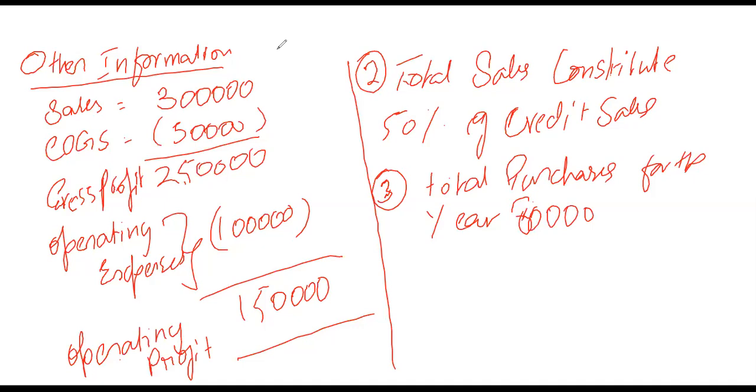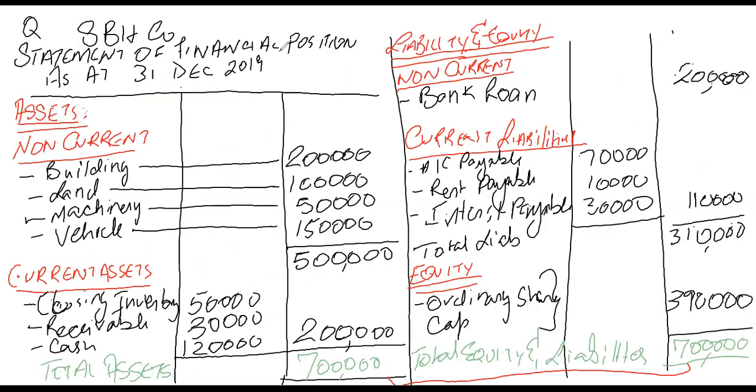It can be less because the closing inventory may be more than the amount that we have purchased. So 80,000 rupees is your total amount of purchases, and you have been given the value of credit purchases and accounts payable as well. Accounts payable you have been given, accounts receivable you have been given.